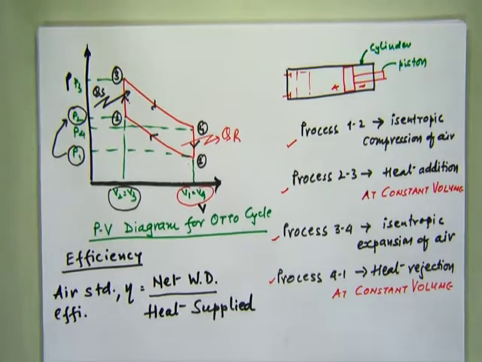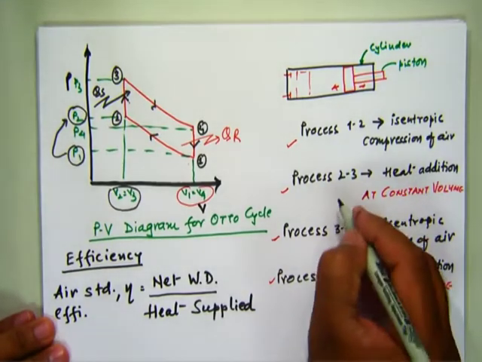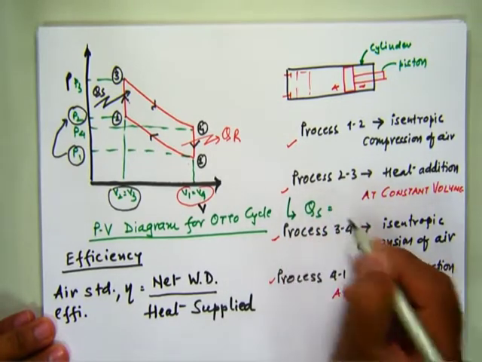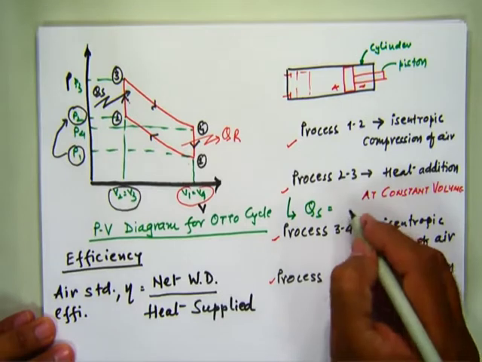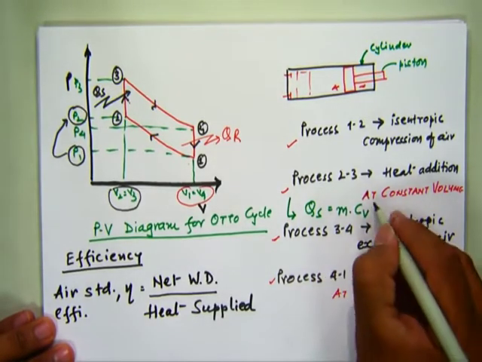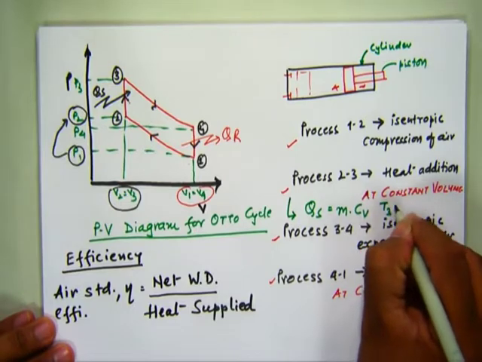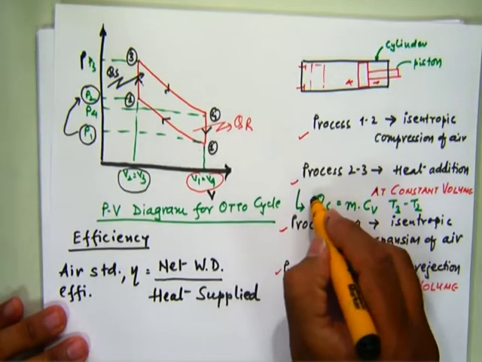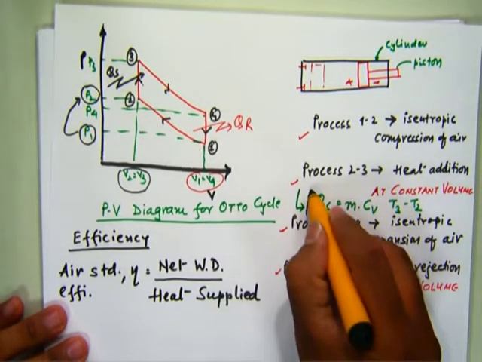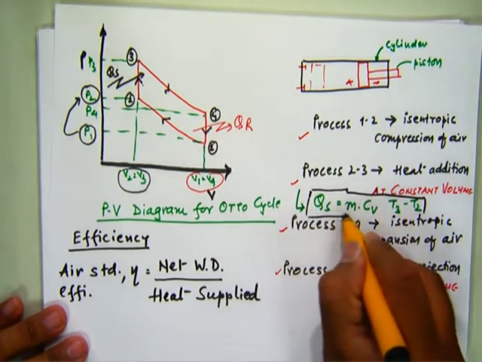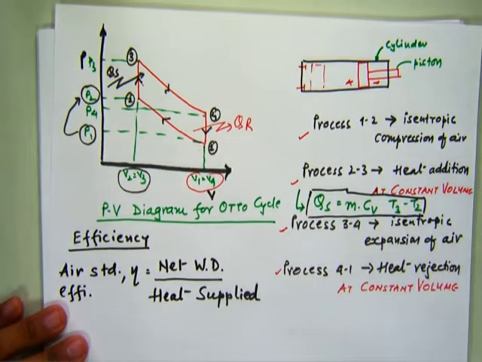In the process where the heat addition takes place, we can write heat addition QS at constant volume is equal to M into CV into T3 minus T2.